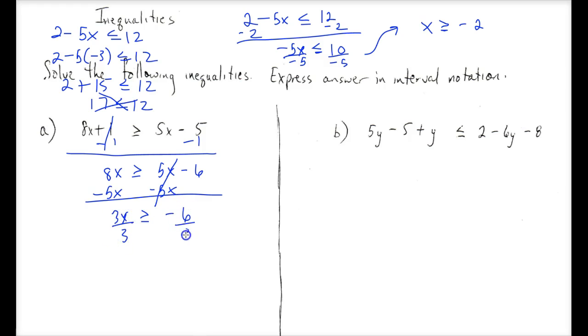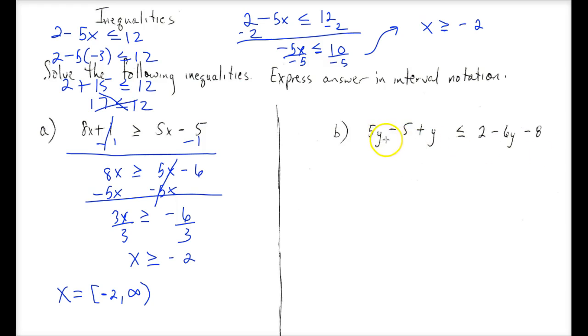Here I need to divide both sides by 3 to get x by itself. And so x is going to be any number that is negative 2 or higher. If we express that in interval notation, that looks like bracket negative 2 on to infinity.